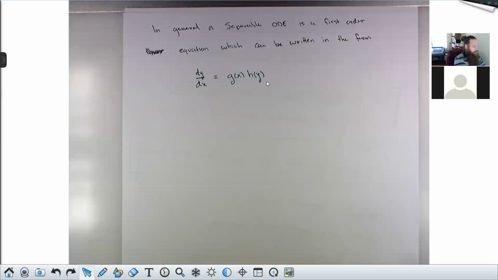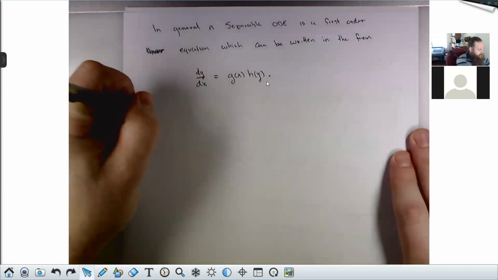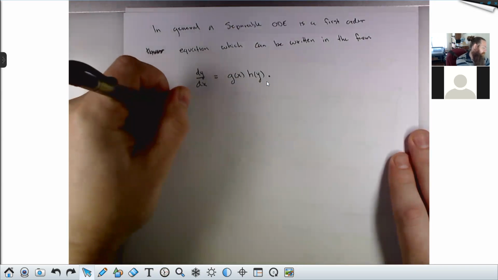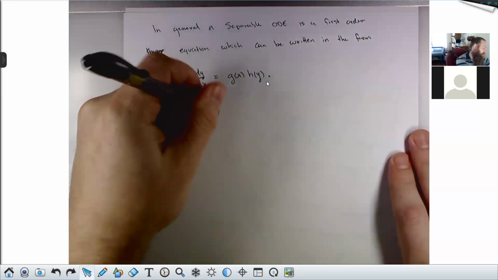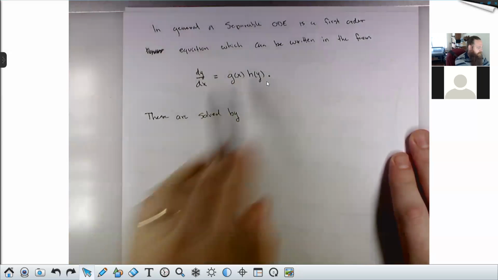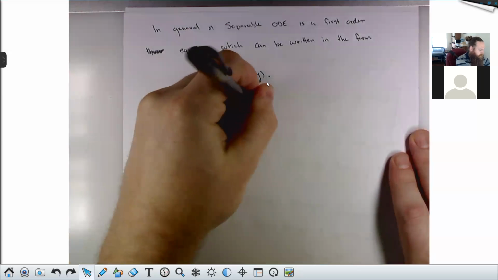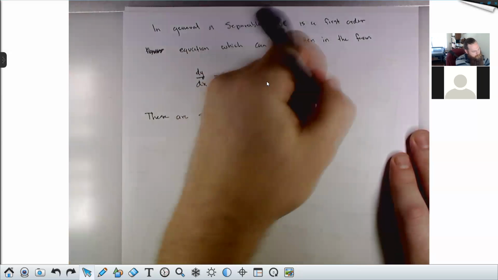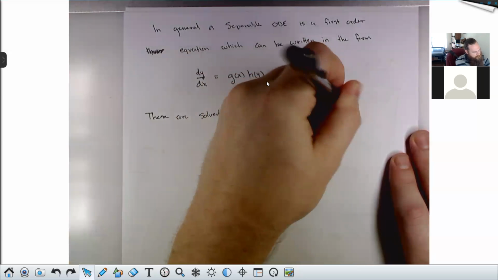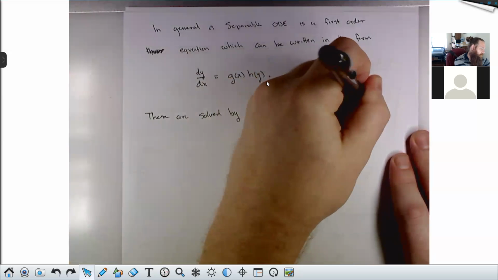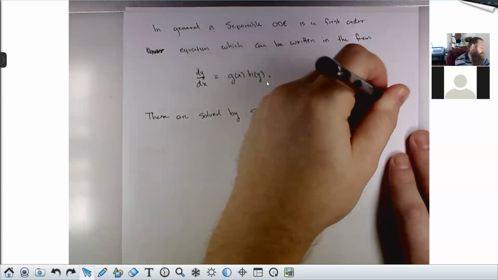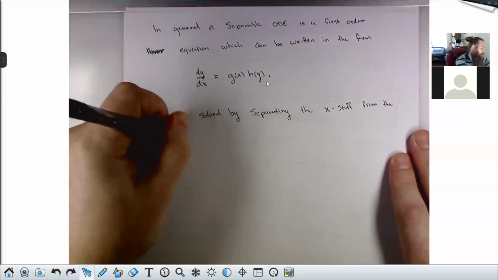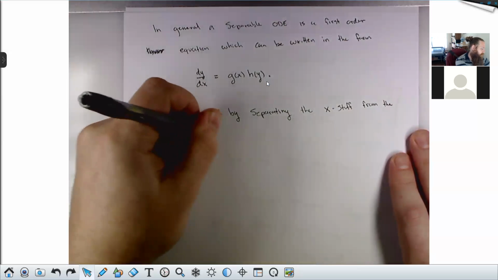The way we solve these is by separating the variables, separating the x stuff from the y stuff, and integrating on both sides.